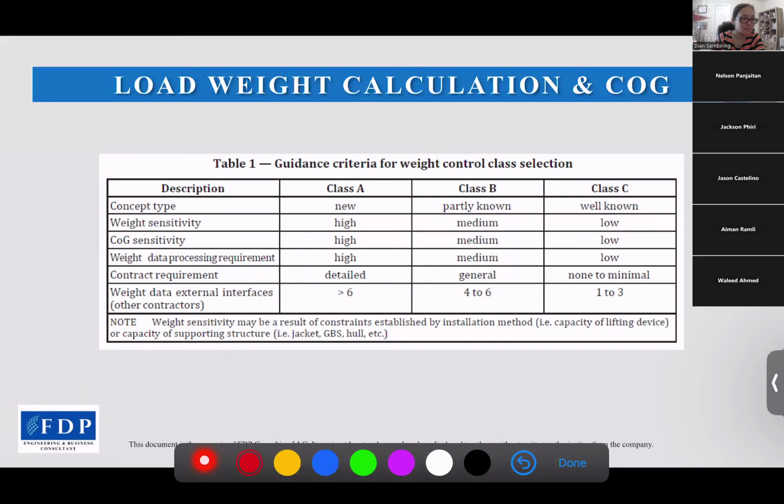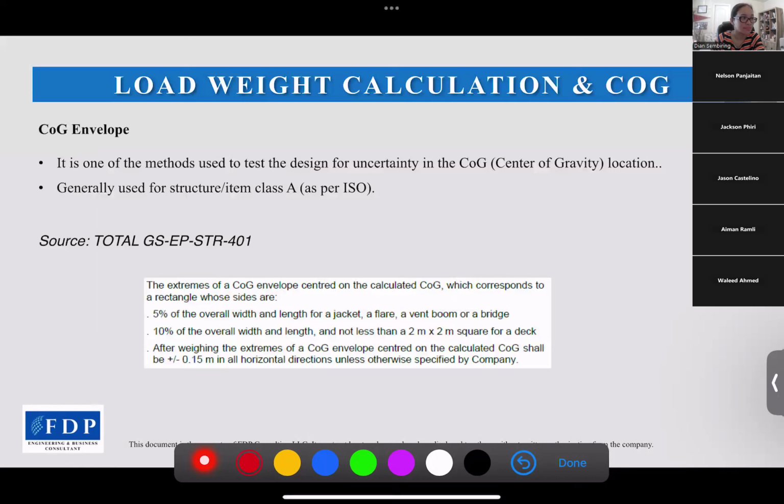So we can use this classification to determine the object class of our case.